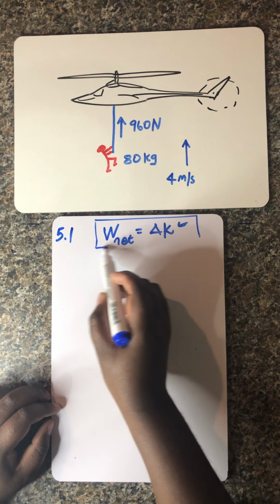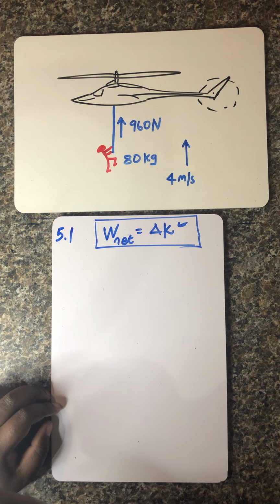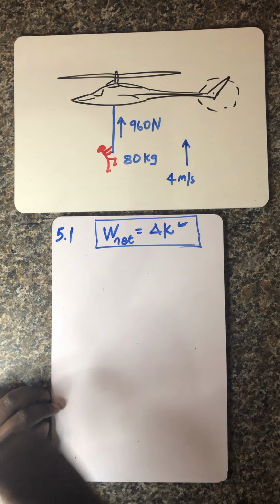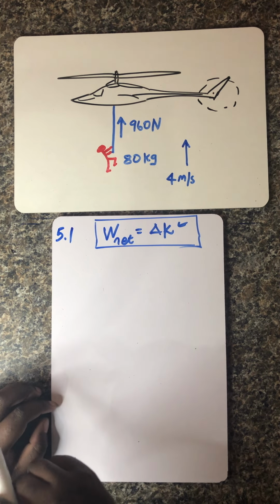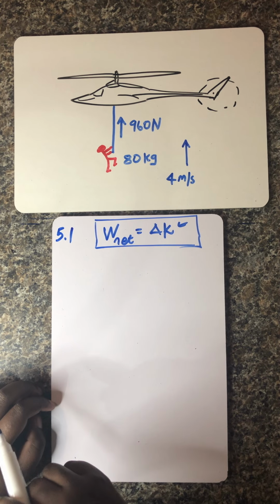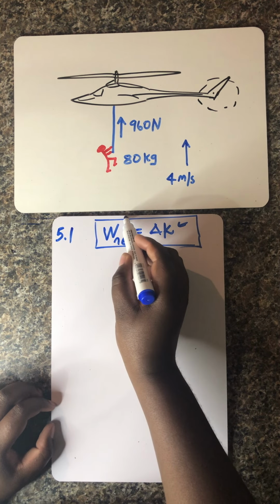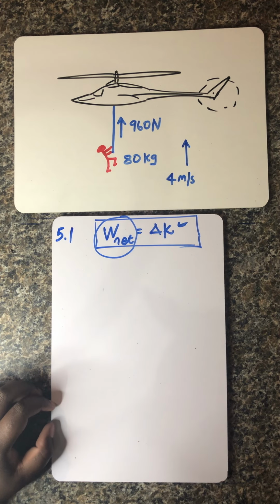So I can just go to the formula sheet and look for this formula and state the theorem while being guided by this formula. Which means the net work done on an object. Ladies and gentlemen, I've just stated that part. Very, very much important, ladies and gentlemen.